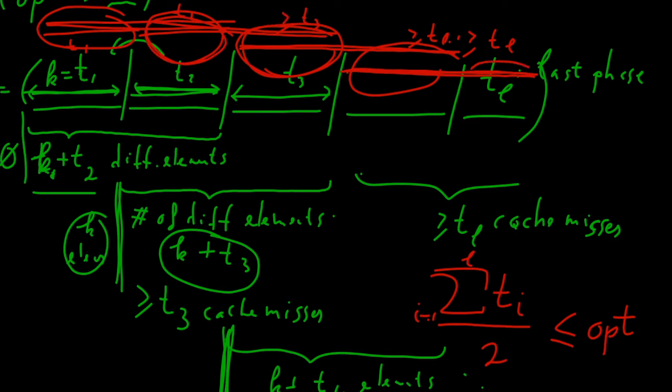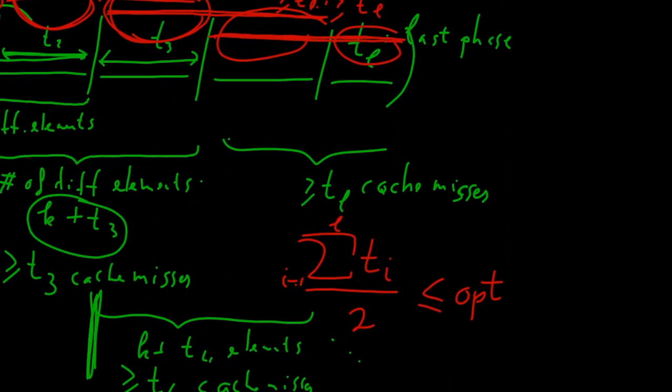Cache misses occurring here are added only once, but it's fine because it's a lower bound which we want to construct, so it's good.